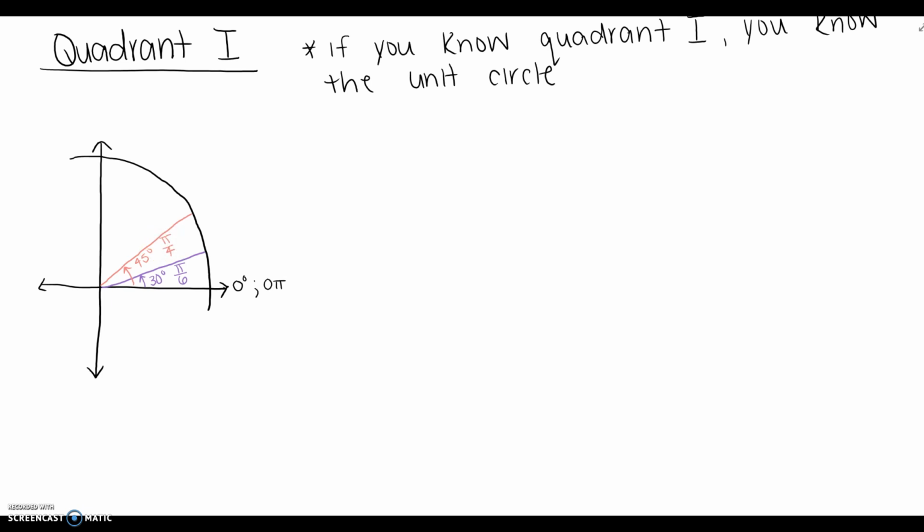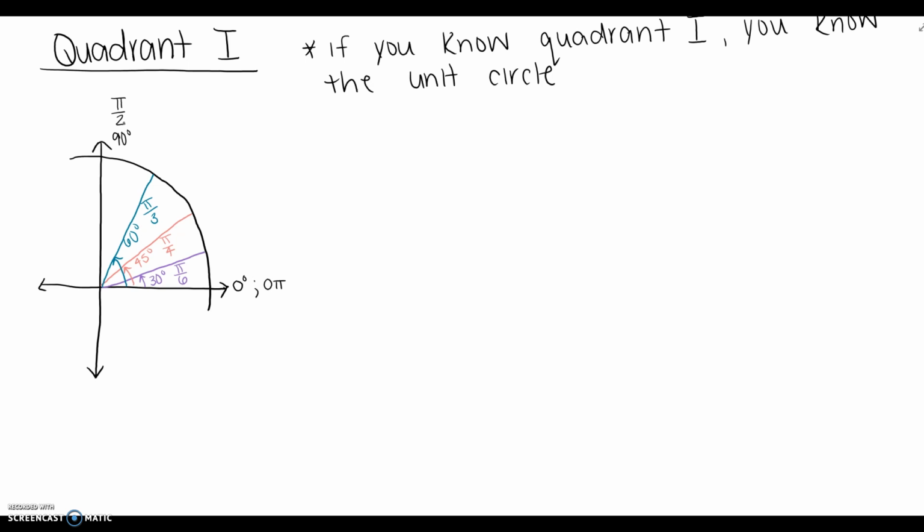Then we have 60 degrees, or pi over 3. Then we have 90 degrees, or pi over 2 radians. So there are all of the angles, their degree and radian measures for just the first quadrant.